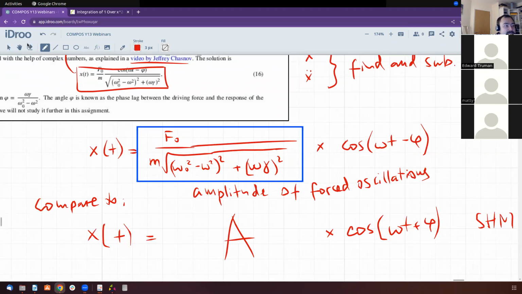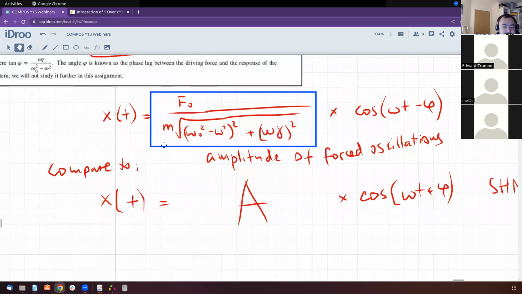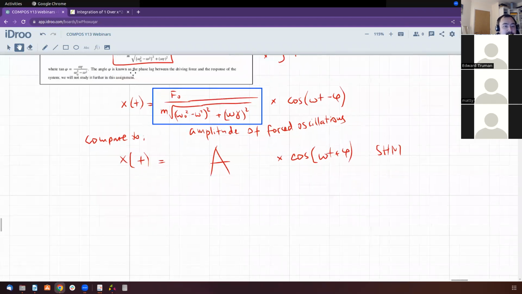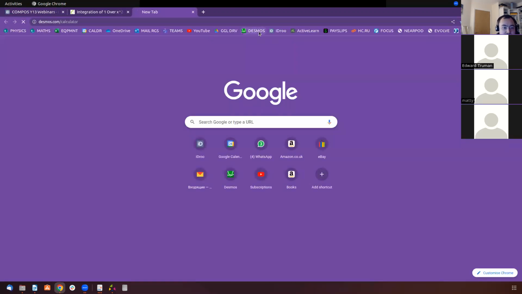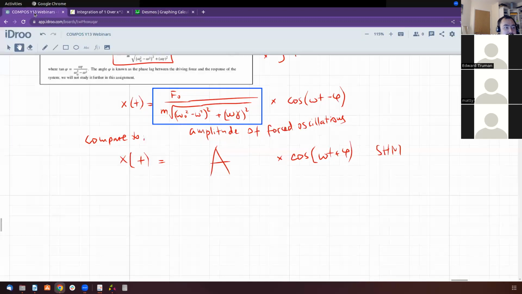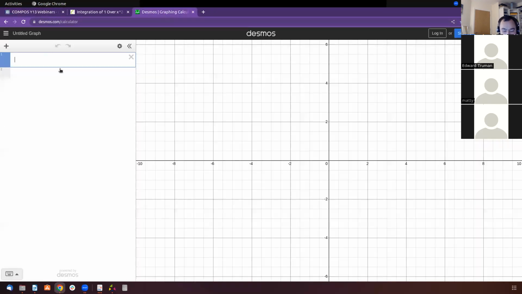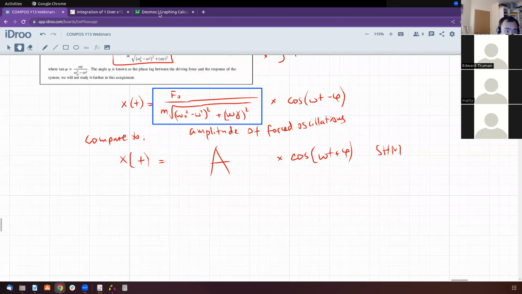Okay, let's play around with it. Desmos. Y is equal to a function, and importantly, it's a function of omega.